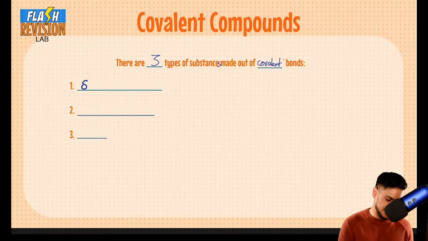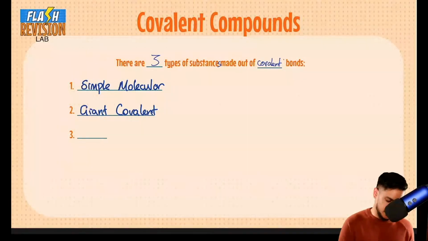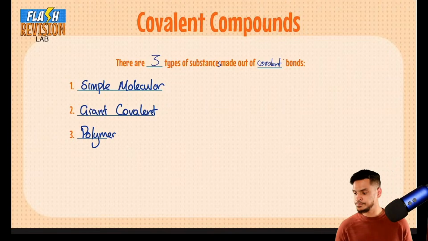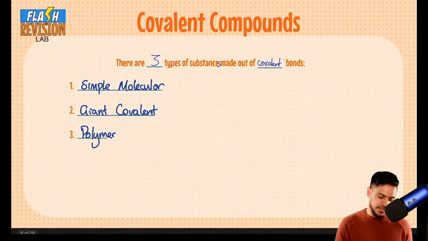First one is simple molecular. Second one is giant covalent. And the third one is a polymer. So we'll talk about all 3 of these now, and how to identify which one's which.